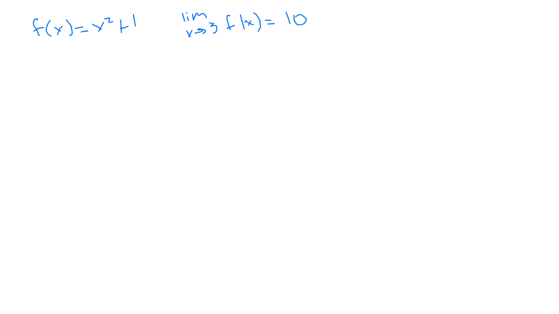How close to 3 does some value x have to be for y to always be within 0.1 of 10?